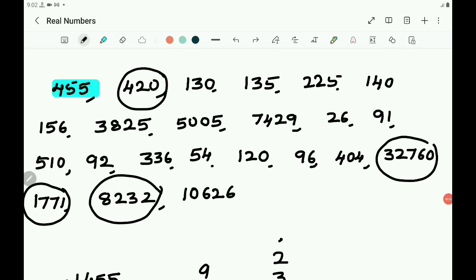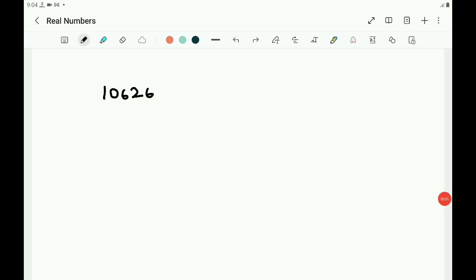Now let us take the next number, 10,626. So let us factorize 10,626. Here the unit digit is 6, so it is divisible by 2. You divide it by 2. Here 1 is smaller than 2, therefore you take 10.